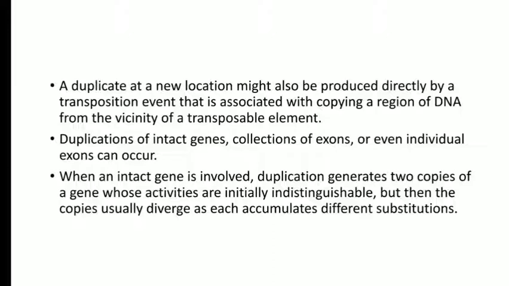Duplication of intact genes, collections of exons, or even individual exons can occur. When an intact gene is involved, duplication generates two copies of a gene whose activities are initially indistinguishable, but then with the accumulation of different substitutions, the copies diverge.